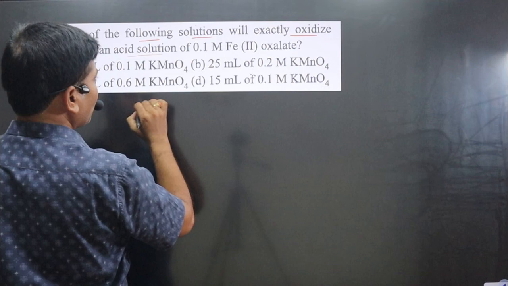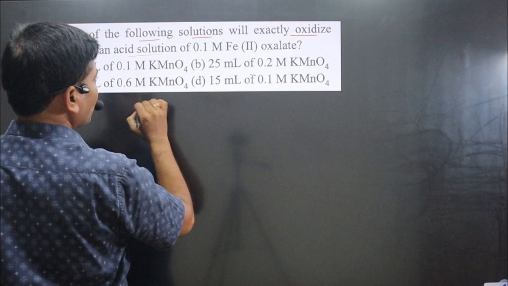Number of milliequivalents is equal to molarity 0.1 multiplied by volume 15 multiplied by n factor value 5. 15 times 5 is 75, and 75 multiplied by 0.1 we are getting 7.5. This is what we are looking for.